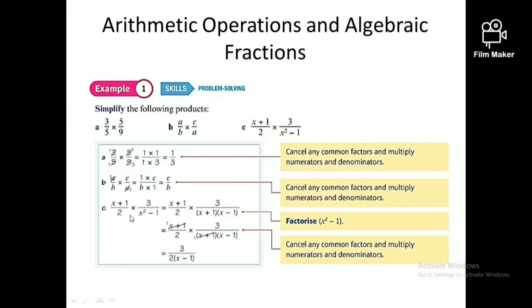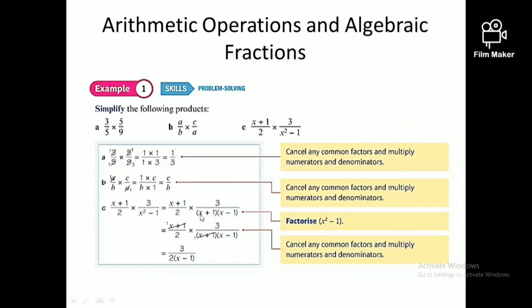Right. If you come up with this example, x plus 1 over 2 times 3 over x squared minus 1. Just looking at this, you cannot see any simplification. But we know that x squared minus 1 is a difference between two square numbers, that is x squared minus 1 squared. You can write x plus 1 times x minus 1.